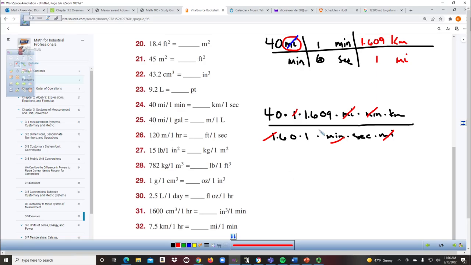Now I'm going to just say 40 times 1.609, and I'm going to divide that by 60. And that's going to be kilometers per second, which just so happens to be what I'm looking for.